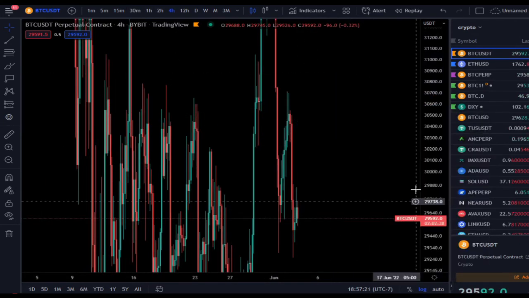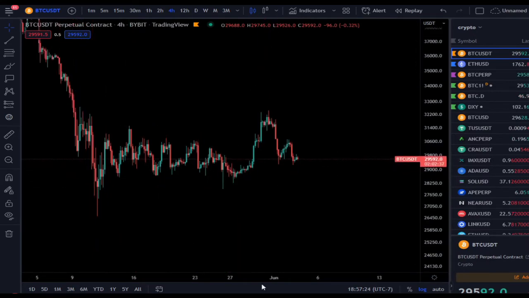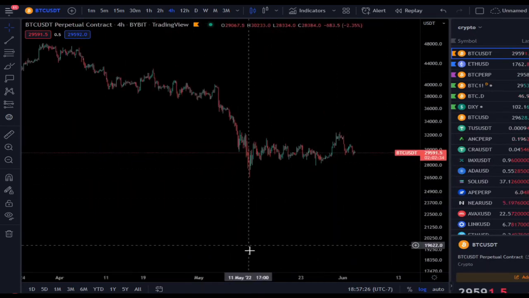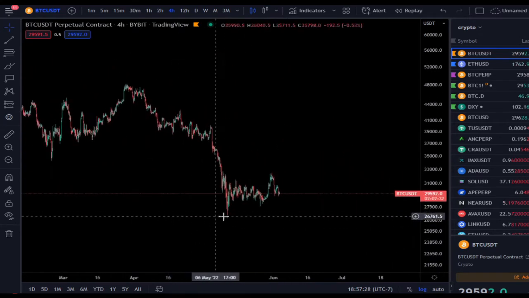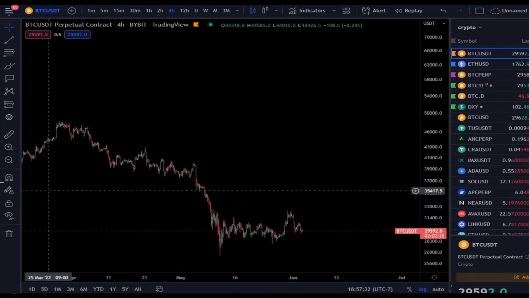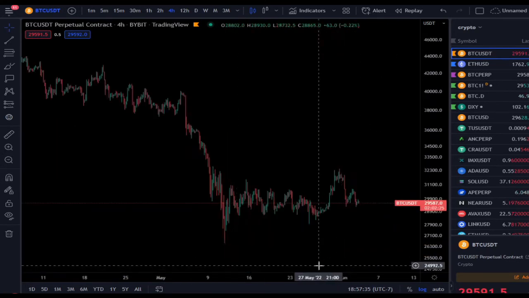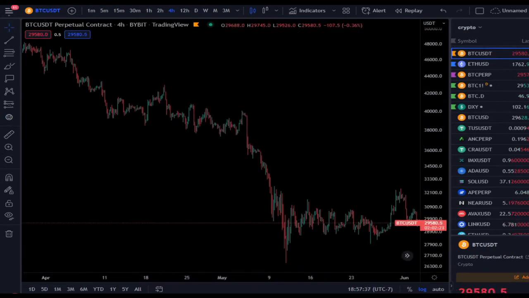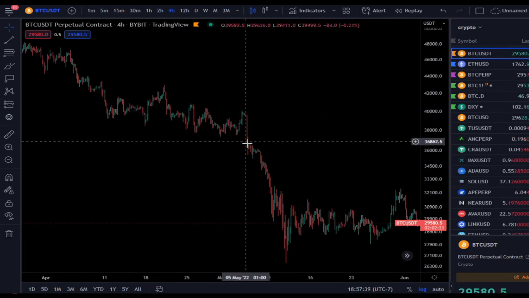So let's go ahead and remove those drawings again. Now this is on the 4-hour, but it's the same thing. It's the same type of setups that we're looking for, right? So we can do the same look that we just did on that 15. Same idea here. Let's grab this. This is our capitulation area.